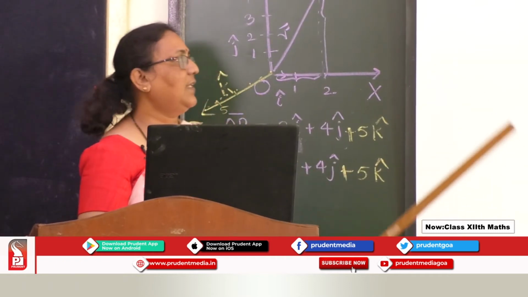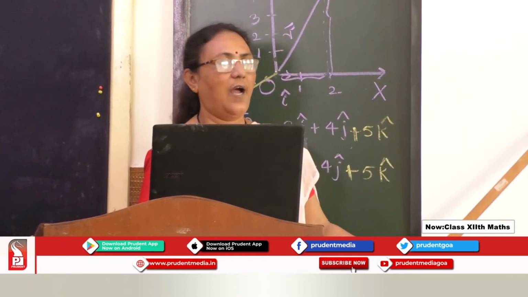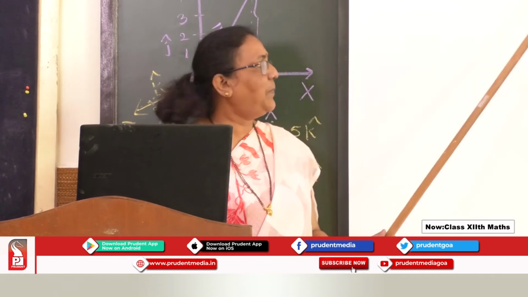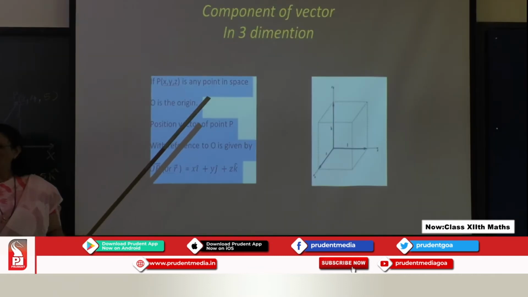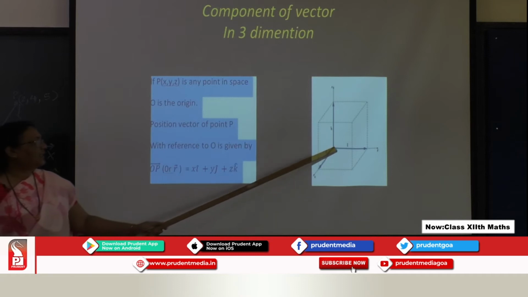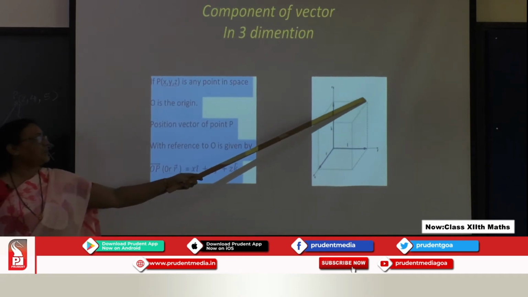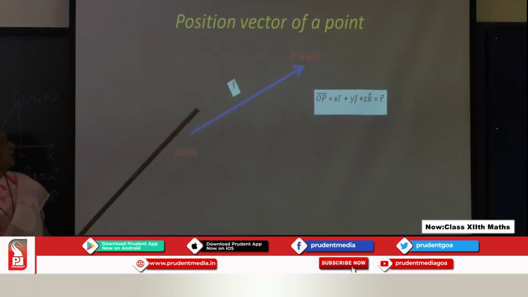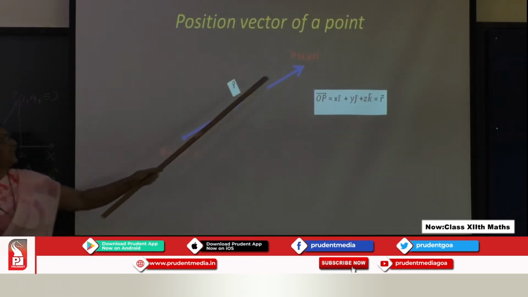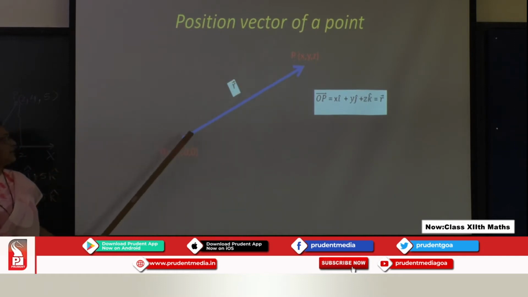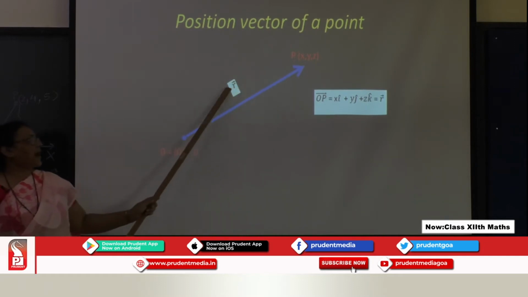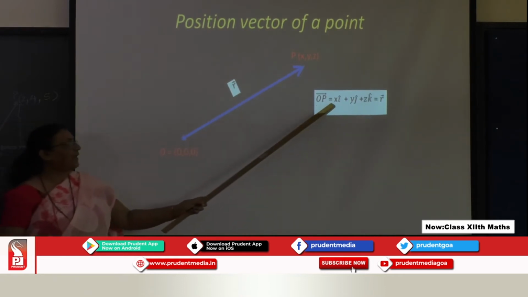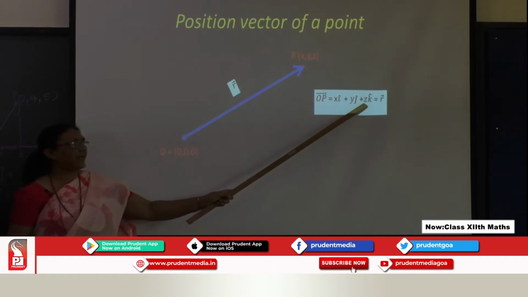Next, a very important thing. I had taken here only the origin and the point P. In the previous example, this was O and here it is P. So, I separated vector OP from here; O is the origin and P is here. This vector is denoted by r bar, and r bar is given by x times i plus y times j plus z times k.